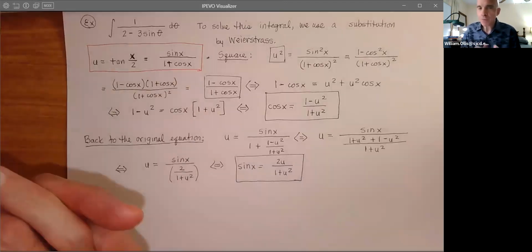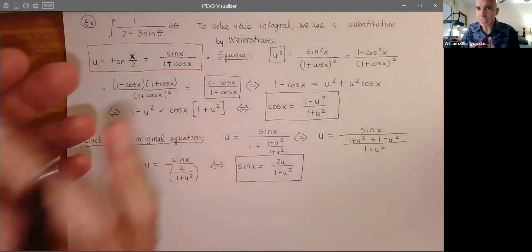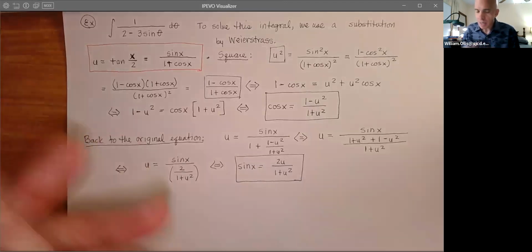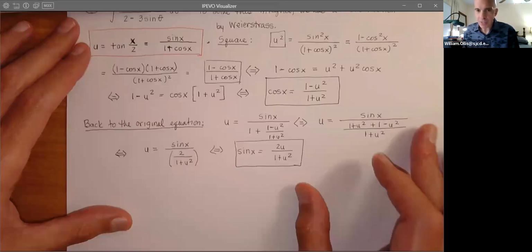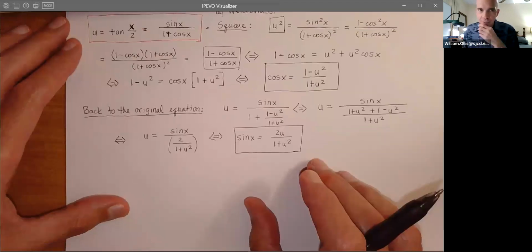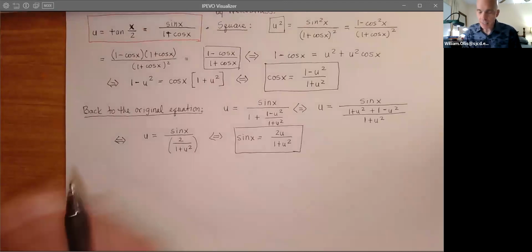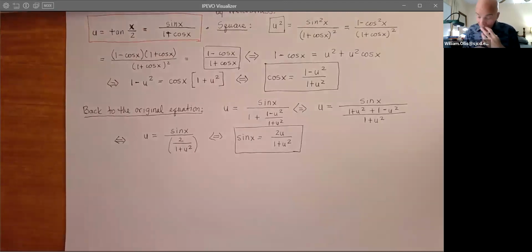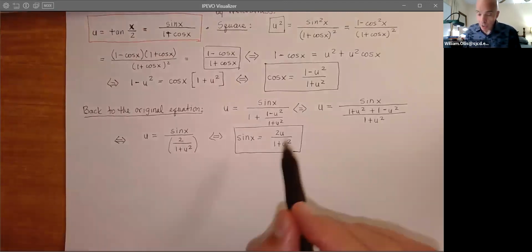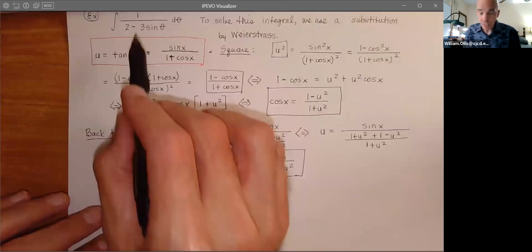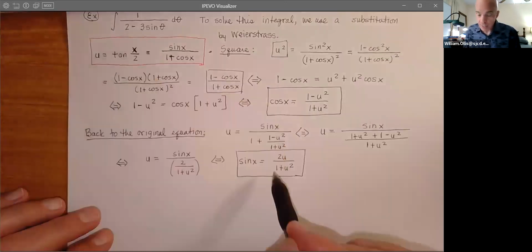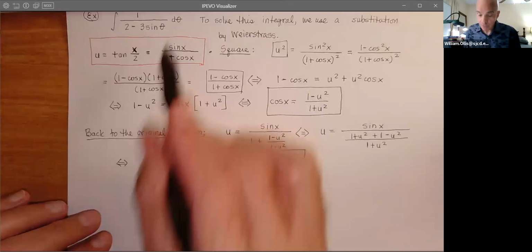So I think every textbook has different topics that they discuss. But I thought this was an important one, and I gained a lot of respect for Dr. Larson as he included this in his book. Now we're ready to go, because if we look at the original integral, we're going to need this, and then the only thing else is the differential.